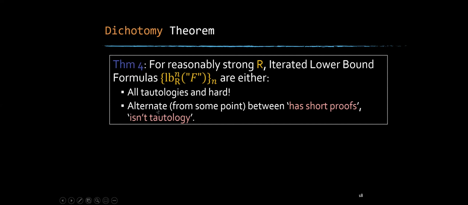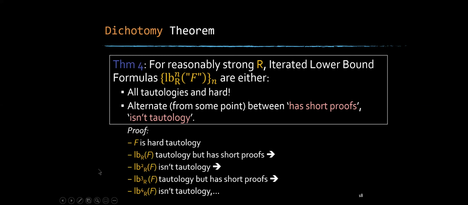They alternate from some point, namely from some n, they alternate between having short proofs and not being even a tautology. And they actually alternate step by step. So one has no short proofs, and the next one is a tautology, and the next one has no short proofs, and so forth. Now, this is a very nice logical exercise, and I suggest you read this proof that explains why this happens.